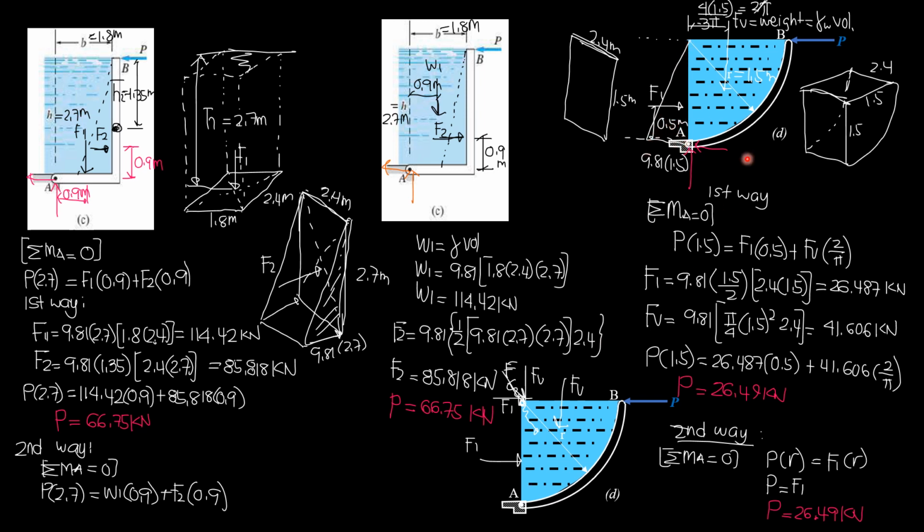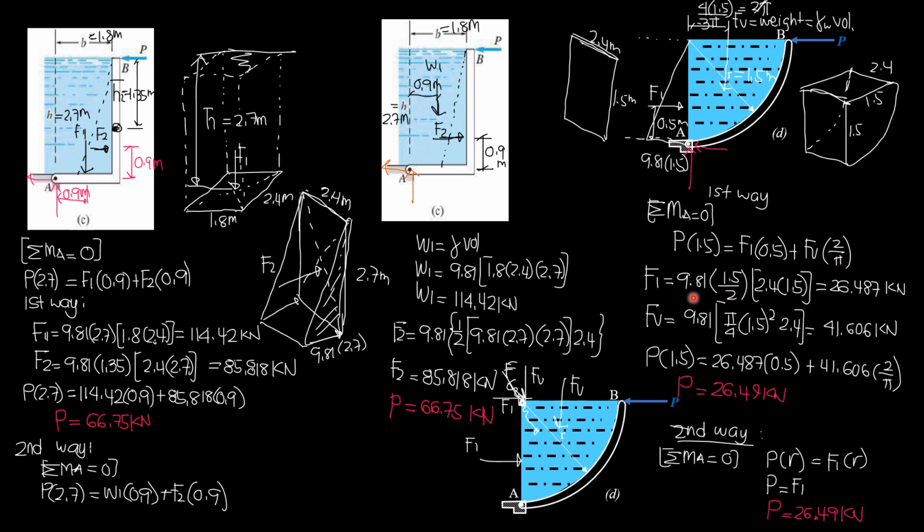Then plus FV times this distance. This distance in general is 4R over 3 pi, 4 times 1.5 over 3 pi. If we simplify that, that's 2 over pi. So FV times 2 over pi.